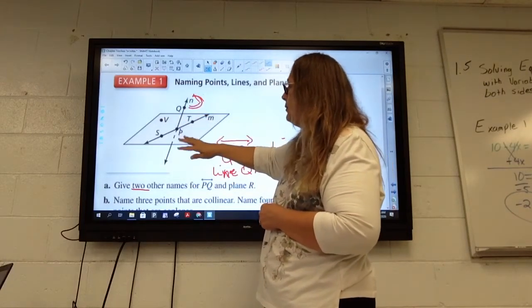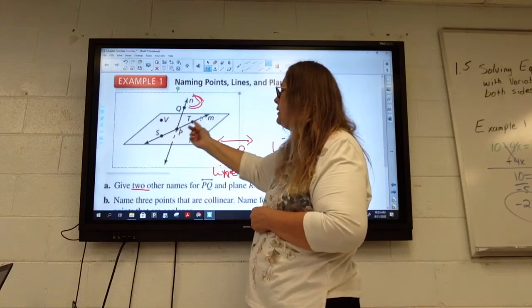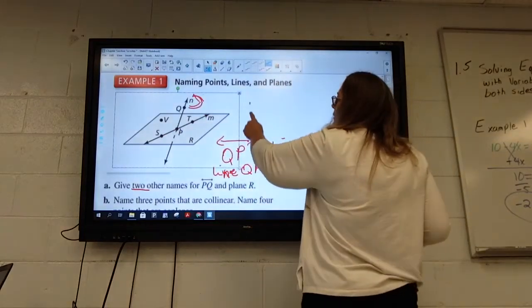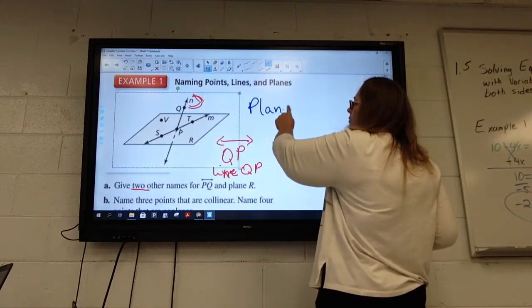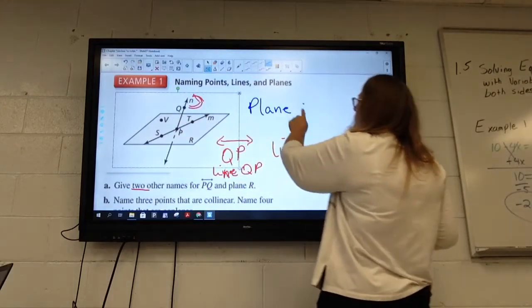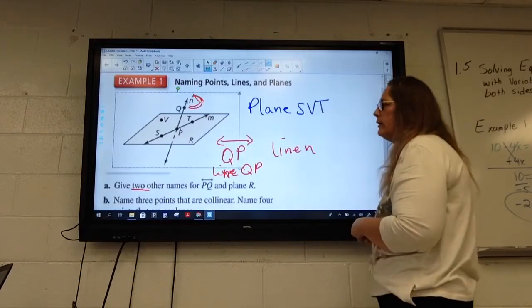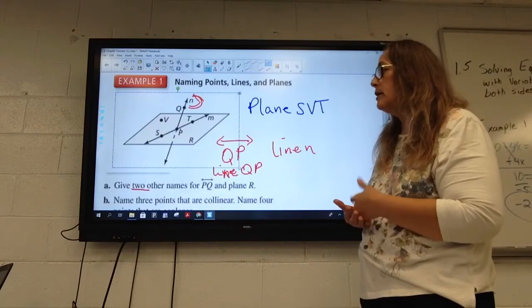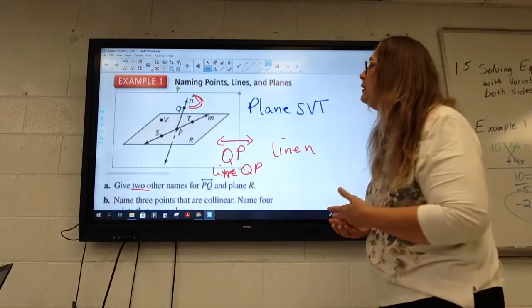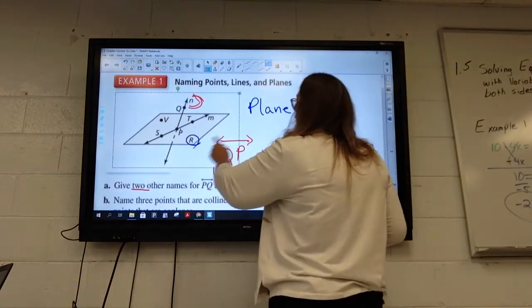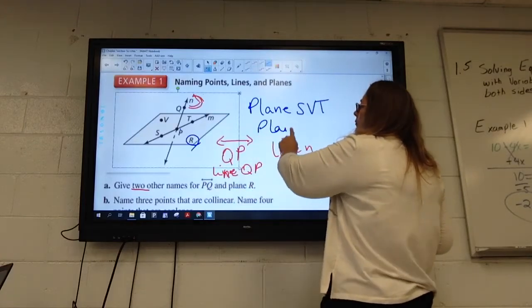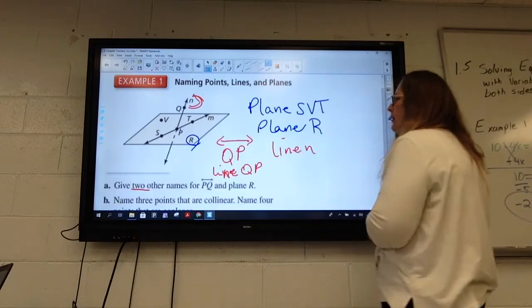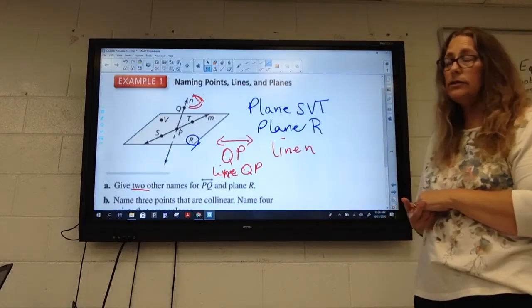So I can take 3 points not on the same line, so you can't use S, T, and P, but you can use any 3 others. So SVT is just one way. You can arrange those letters in any order. You could use the P and not the S, or not the T. You can also name it plane R. Those are your other two names that you can use for it.